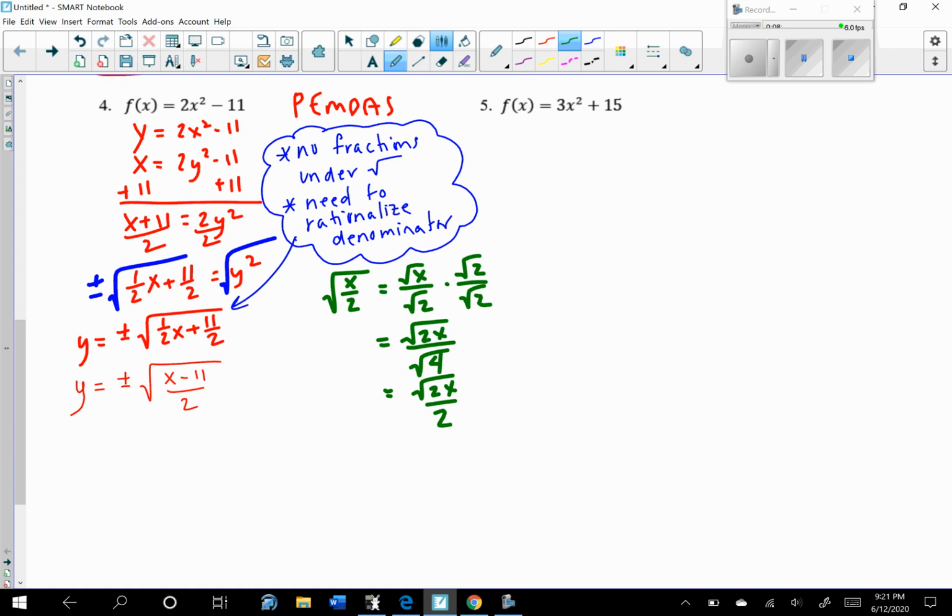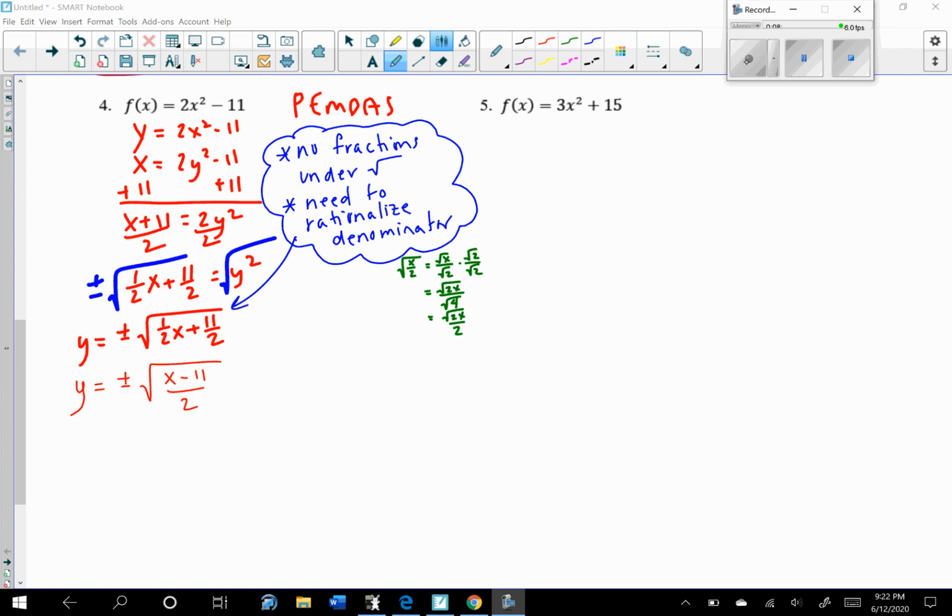So we can apply the same thing over here to our equation. Because this is a square root, I want to figure out what makes this a group of 2, and it means I need one more 2. So I'm going to multiply this by the square root of 2 over the square root of 2. When I do that, I multiply numerator times numerator, so x times the 2 would give me the square root of 2 times x minus 11, over the square root of denominator times denominator, 4.